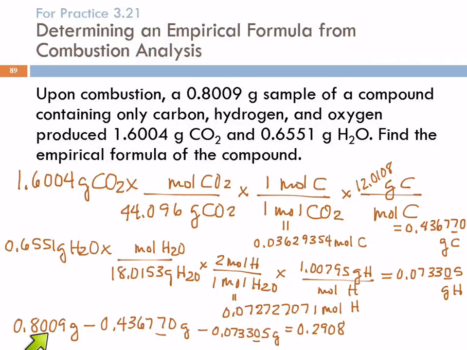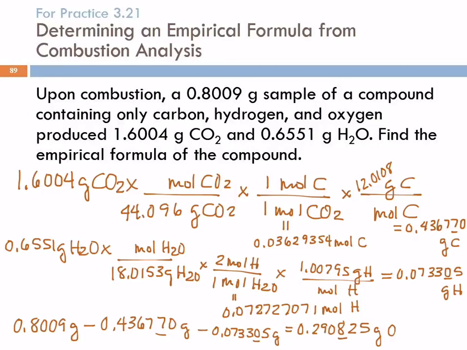This number has 4 decimal places. These all have more. This is the last significant figure, but I'm going to keep extra so I don't have rounding errors. So that's my mass of oxygen. That escaped from the apparatus, but we figure it out by identifying everything else.